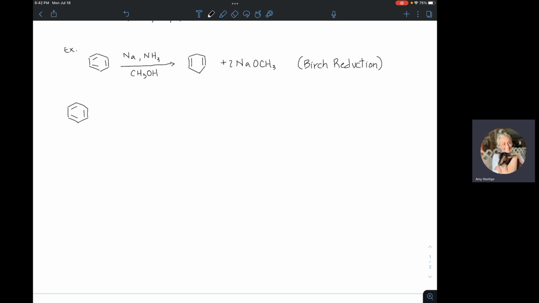And the sodium is going to come in with its single valence electron and plop it, say, on that carbon there. We plop a free radical on that carbon. We're going to take these electrons, move them here, and we can take these electrons and plop them up here. So what we get is something like this.